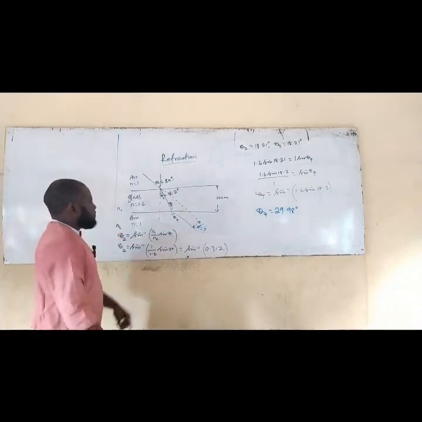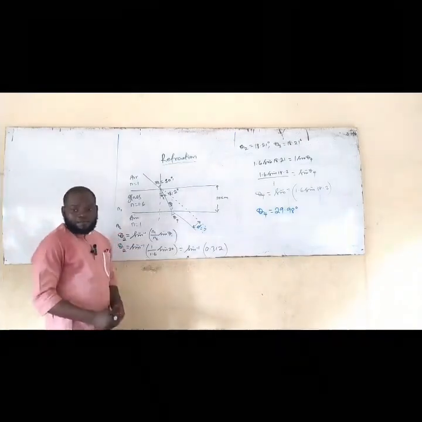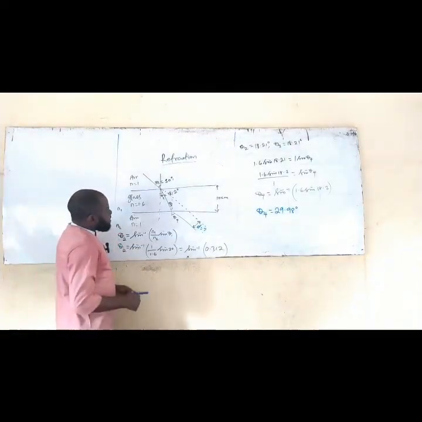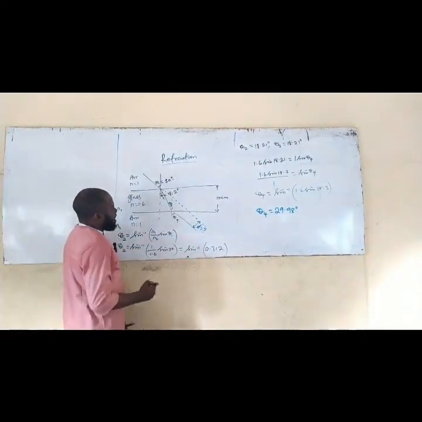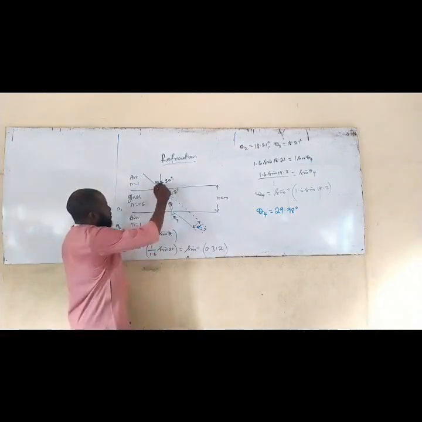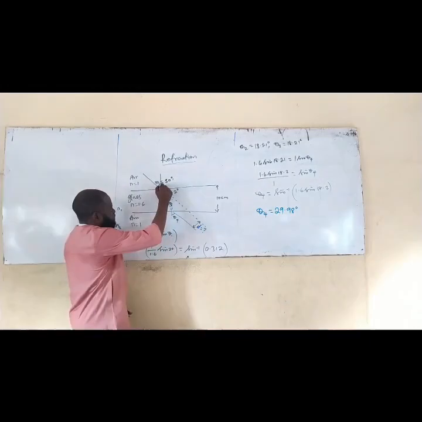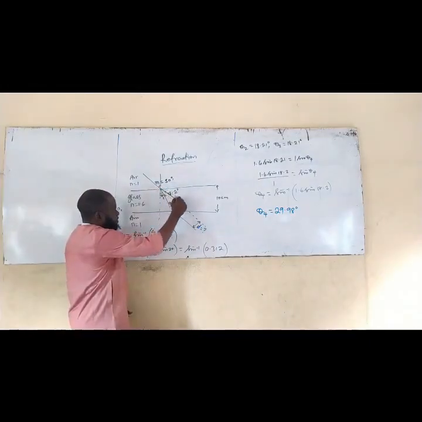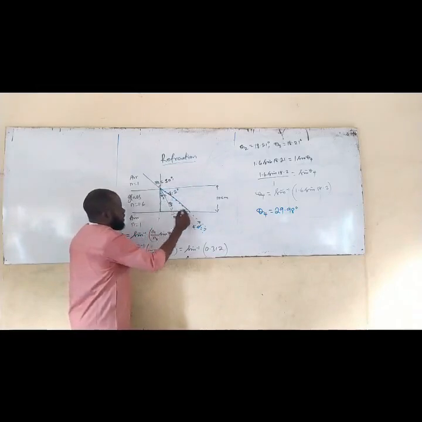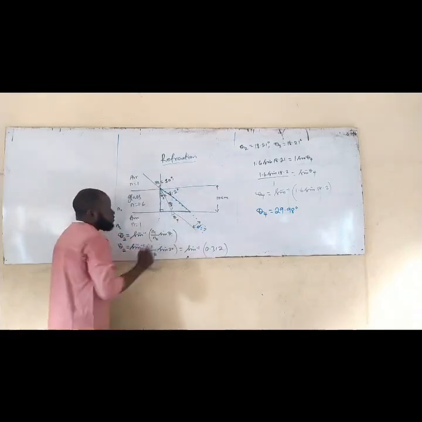We can find the value for D. Now, if you want to find the value for D, I want you to observe something here. Look at this. Redrawing is happening now, so pay attention. Look at this, and look at this. It is what? A right angle triangle.